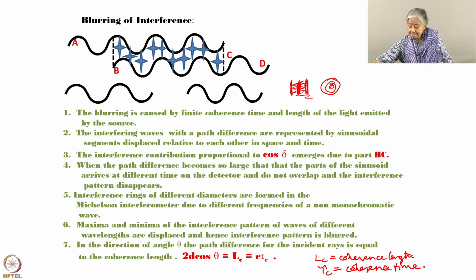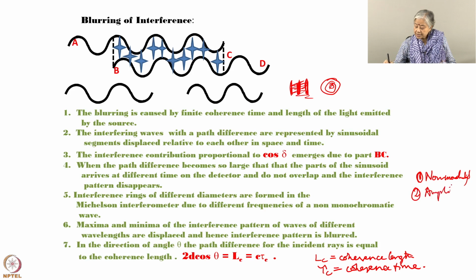So, today, in the last two lectures actually, we finally see that this blurring will come, one, because of non-monochromaticity, and two, because the amplitudes of the two waves are not equal, and also three, because of coherence length or coherence time, the relationship of coherence length and coherence time with the wave.